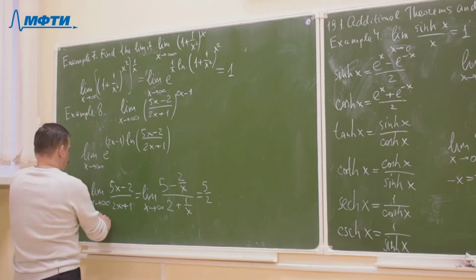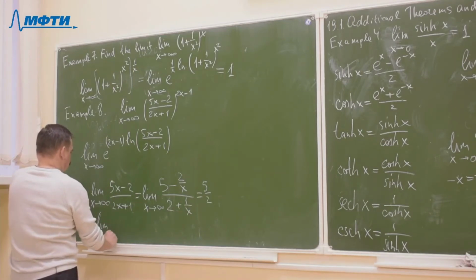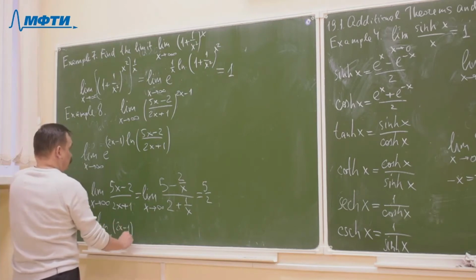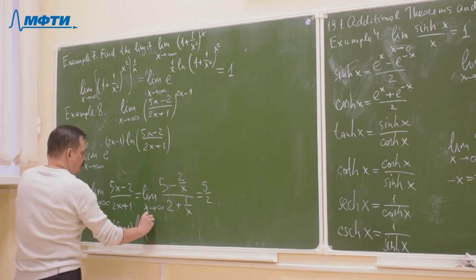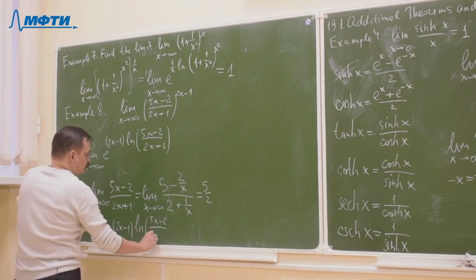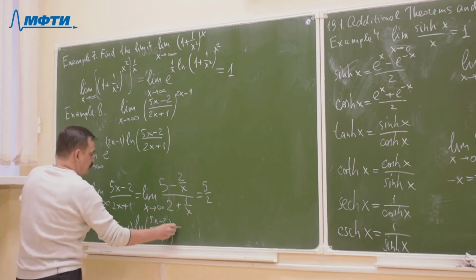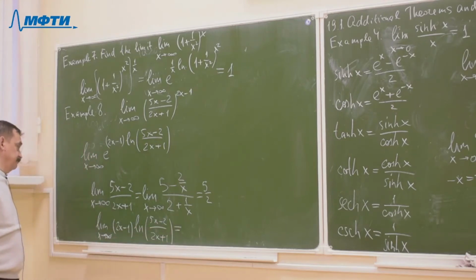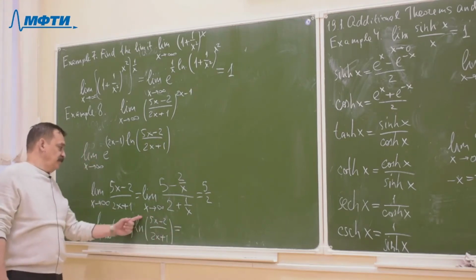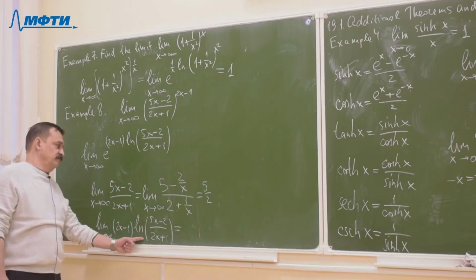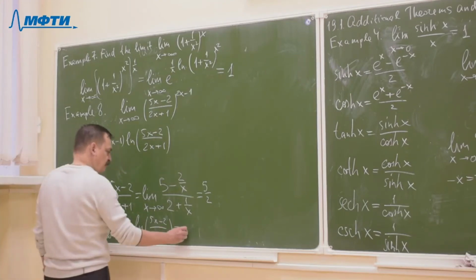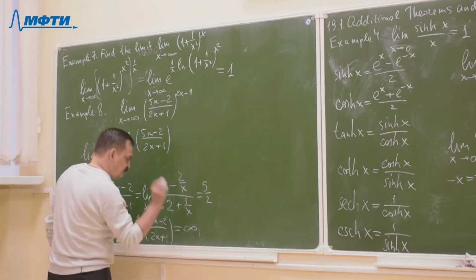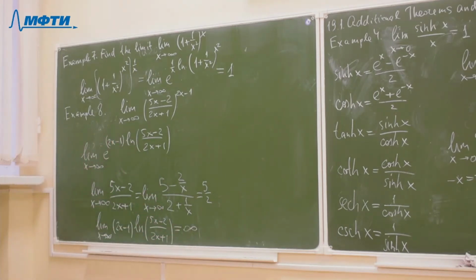So what we have then is the limit as x tends to infinity of 2x minus 1 times the logarithm of 5x minus 2 over 2x plus 1. Here we have the logarithm of 5 over 2, that is a positive number, and x tends to plus infinity, so we have plus infinity again.